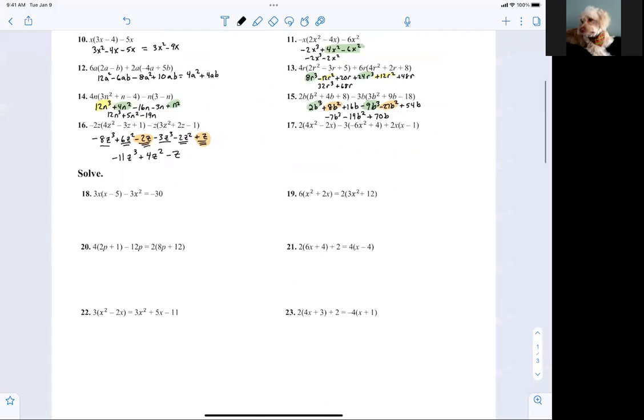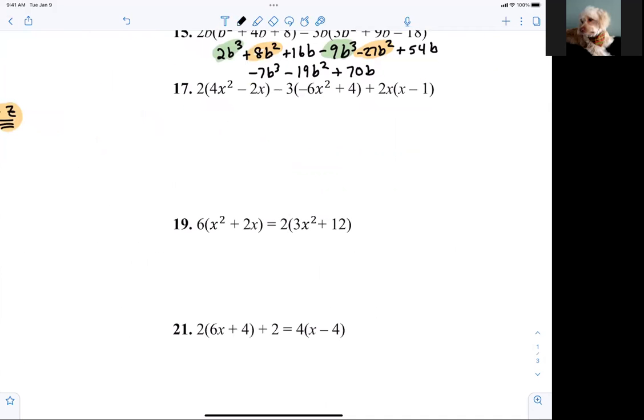All right, go, 17. Go, Maya. Okay, 8x squared, good, minus 4x, good, plus 18x squared, good, minus 12 plus 2x squared minus 2x, good.